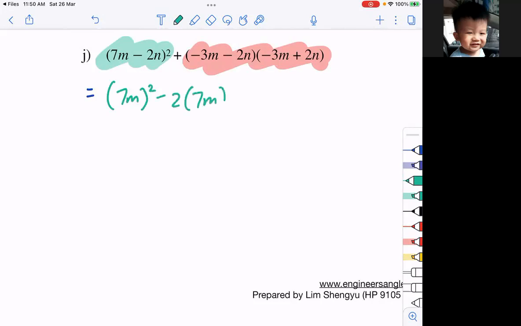You can copy. Super slow motion just to make sure I don't mess up. For the red part, I'm thinking another formula.